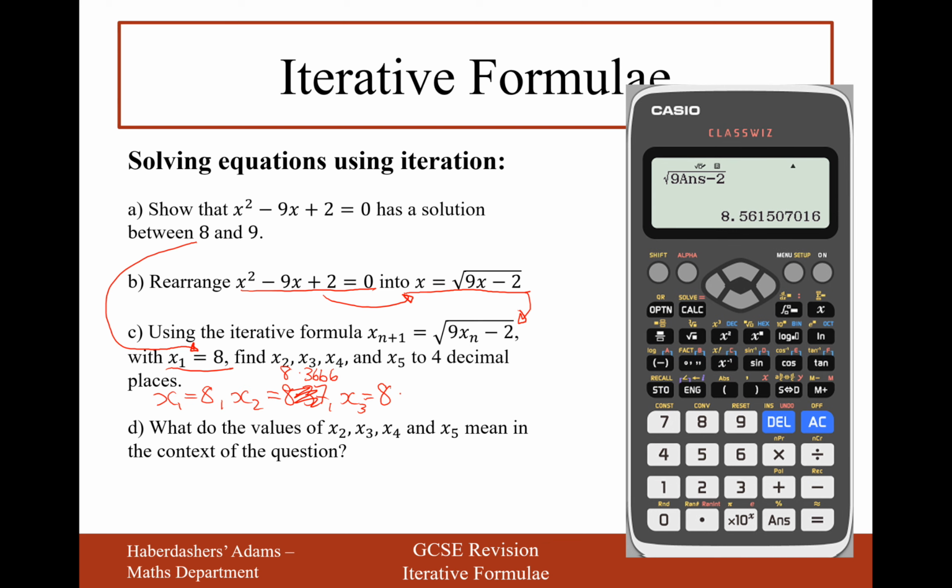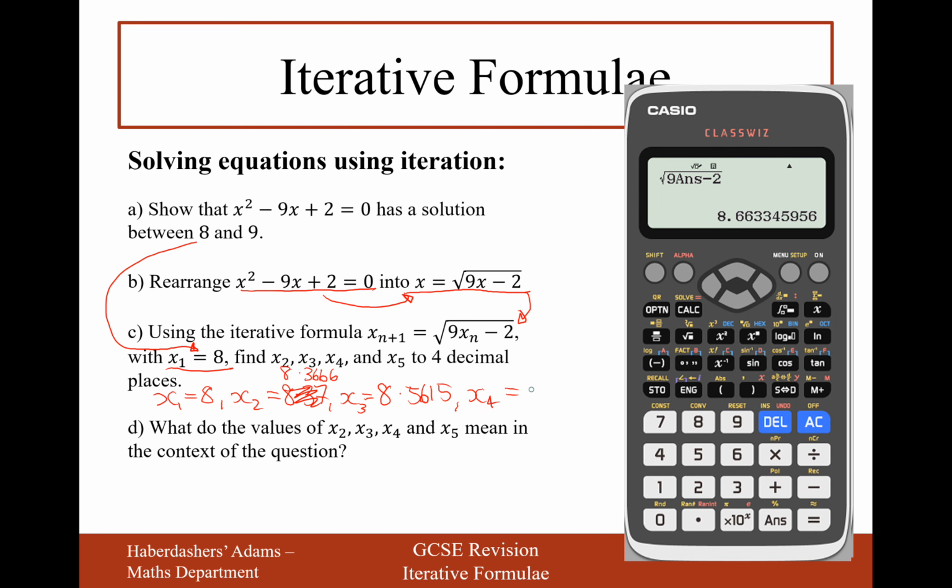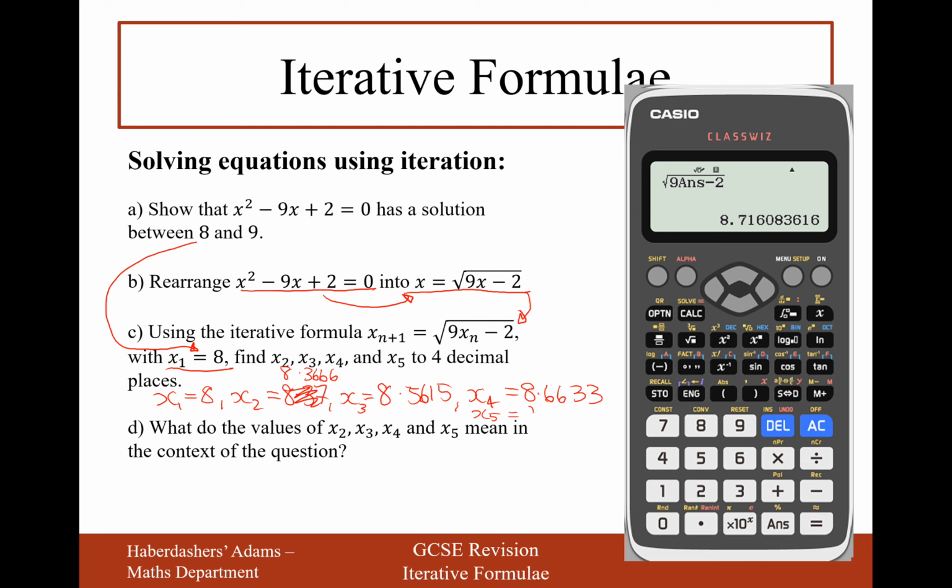The next one will be 8.5615. x4 will be, press equals again, and you get 8.6633. And x5, the final one, press equals again, and you get 8.7161, because the 8 will round the 0 up to a 1. So there we are, those are the answers to these numbers in the sequence.